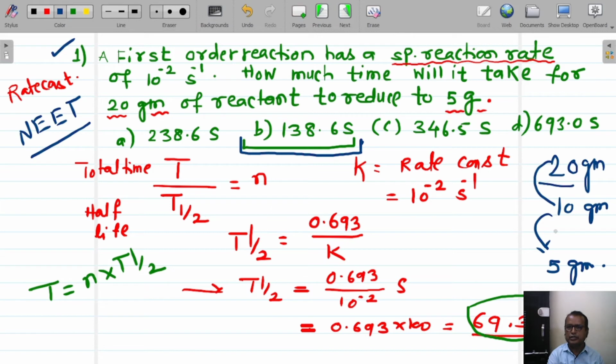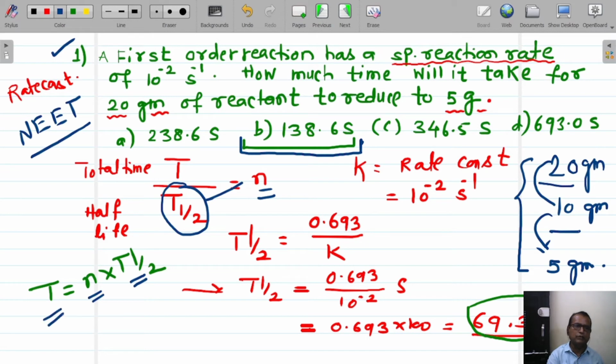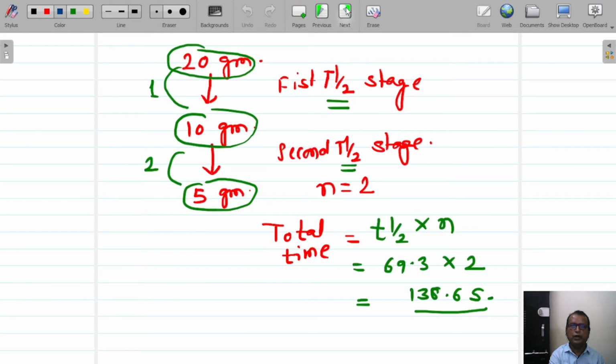Two half-life stages are there. Half-life stages into half-life time is equal to the total time consumed by the conversion. Yes, it is a very important part.